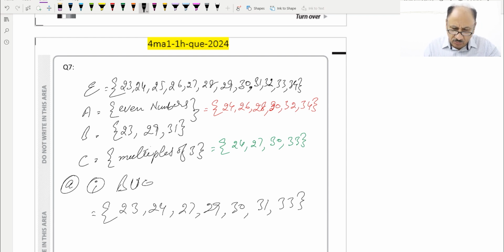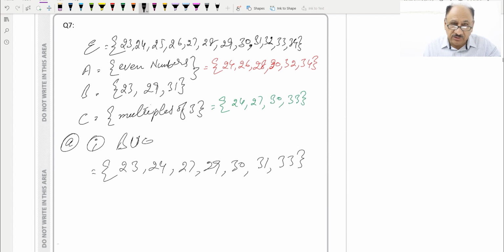There is already no repetition here, but I'm just mentioning that there should not be repetition in the case of a union.